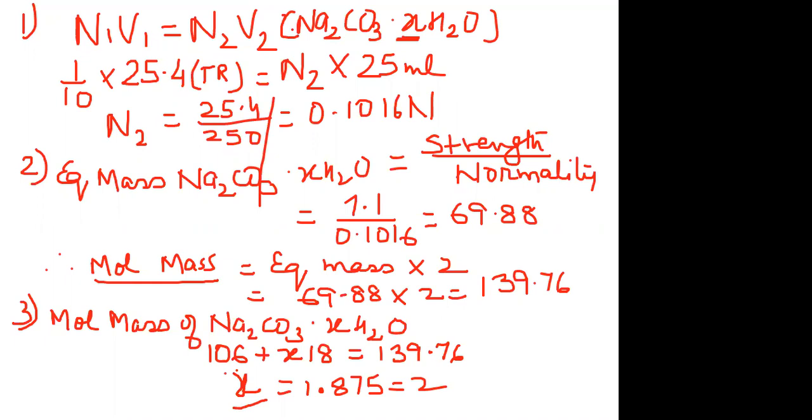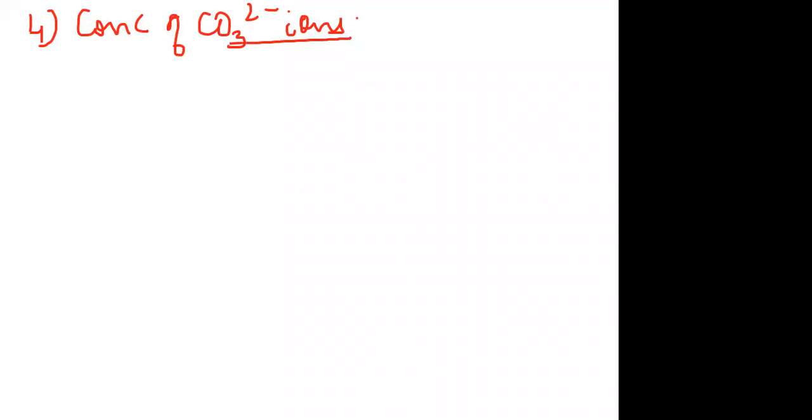The fourth question was to find the concentration of the carbonate ion in C18. So that can be calculated like we did the calculations in the first experiment. For question number 4, the concentration of carbonate ions will be calculated as 144 grams of sodium carbonate.